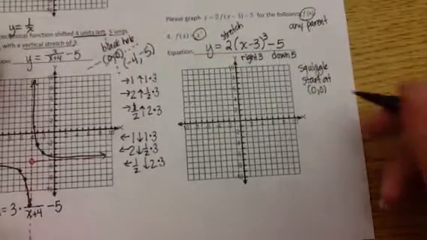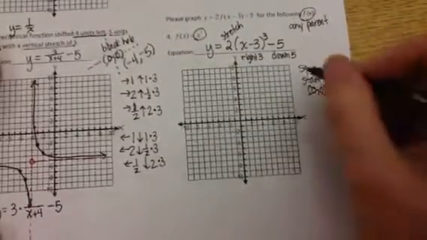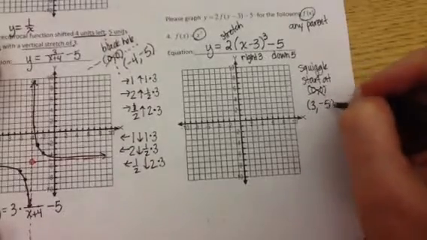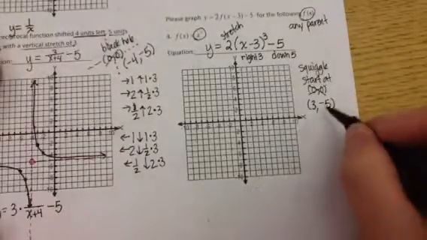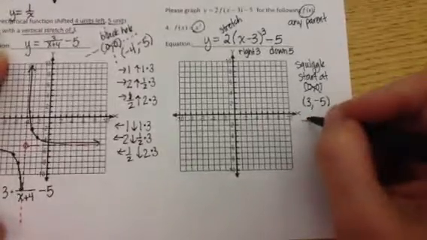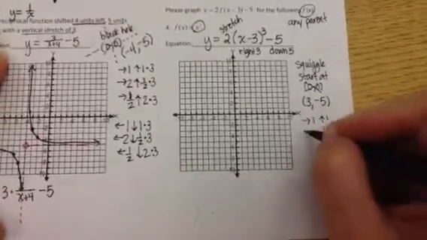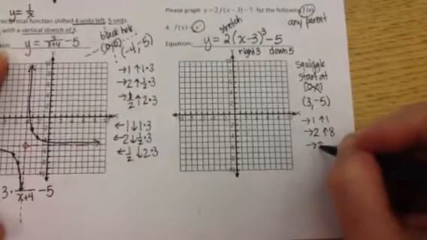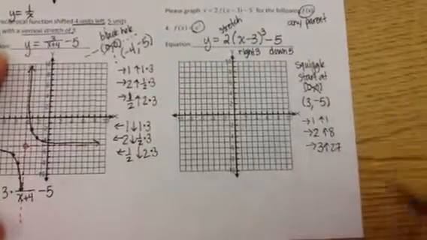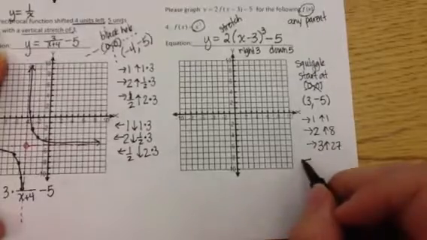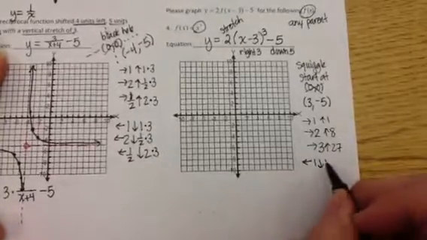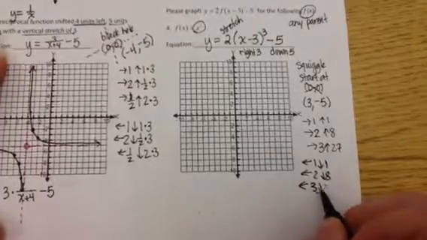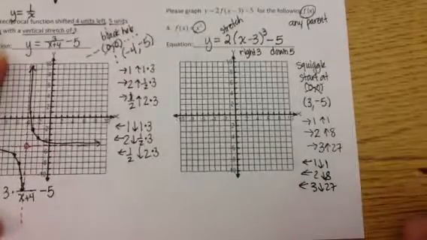But this one's not starting at 0, 0. It's going to start right 3, and down 5, so 3, negative 5. Then normally the squiggle goes over 1, up 1, over 2, up 8, over 3, up 27. And then it also goes left 1, down 1, left 2, down 8, and left 3, down 27.